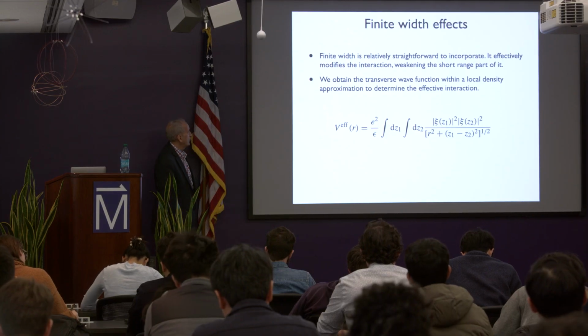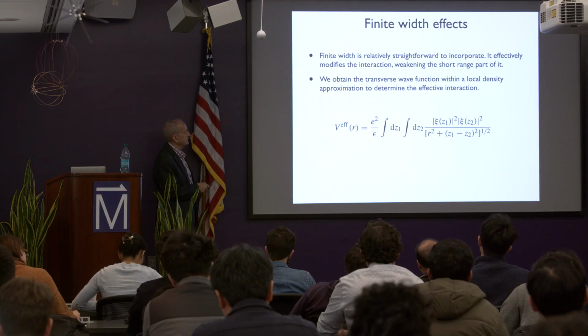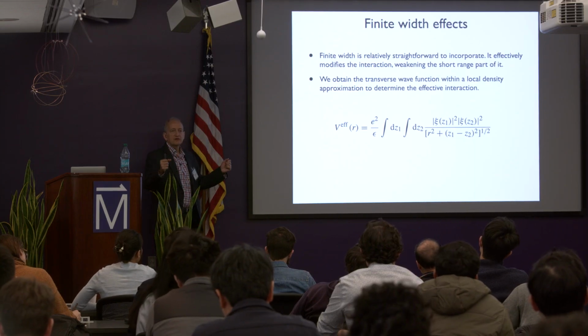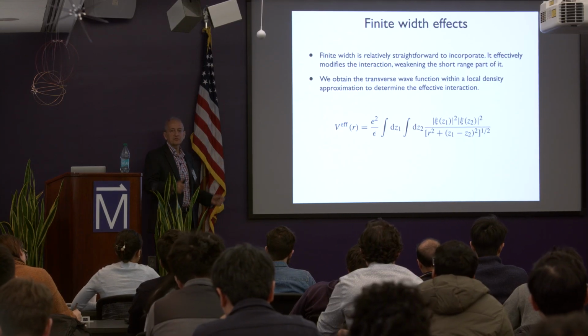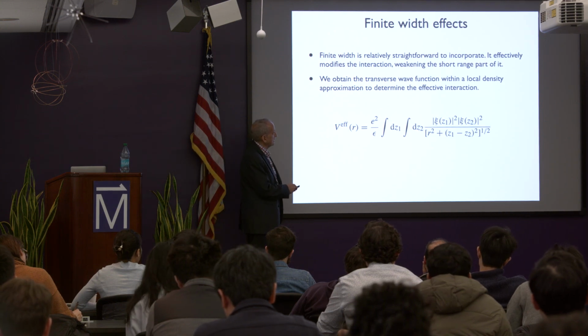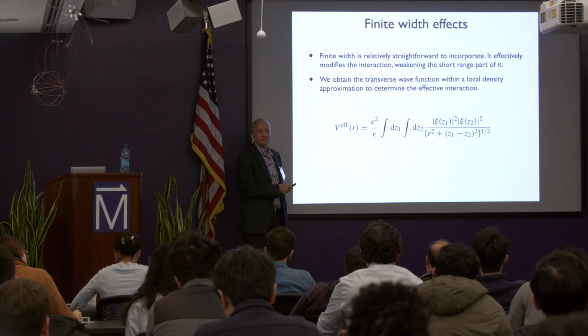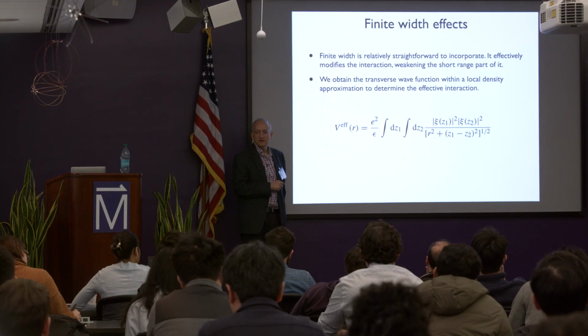Okay, so what we are going to do is use a local density approximation to determine the transverse part of the wave function. And once we know that, we'll include that to calculate the effective two-dimensional interaction between electrons.